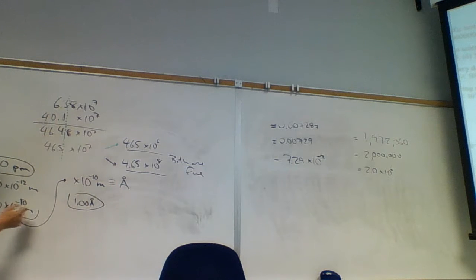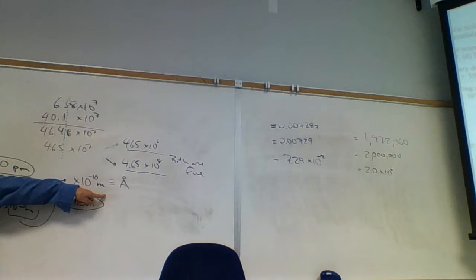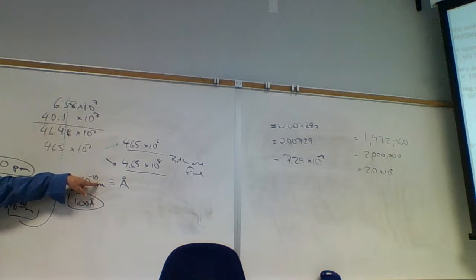So when the unit comes out funky like this, they just define a new unit, because 10 to the minus 10 is not one of our convenient pico, nano, micro type units. And so this is defined, and it's specifically for meters. We wouldn't use angstrom for anything other than meters.